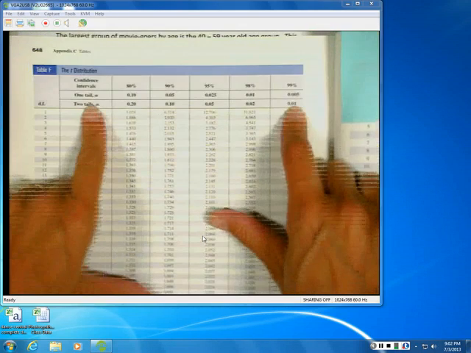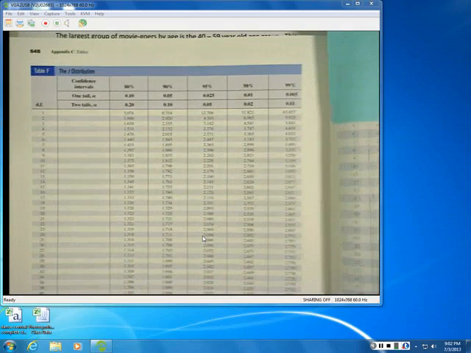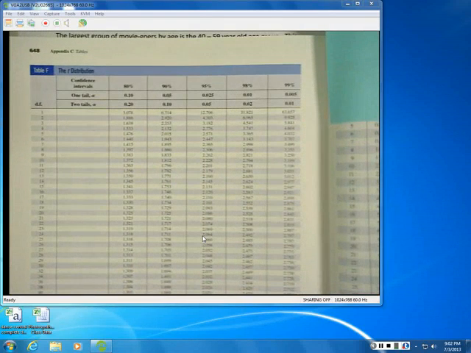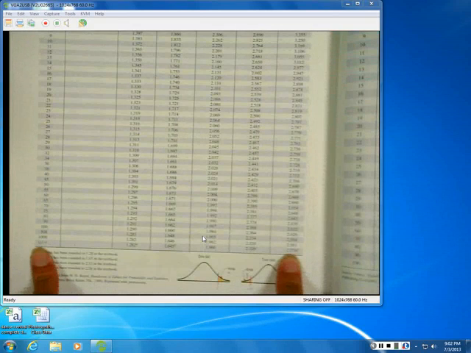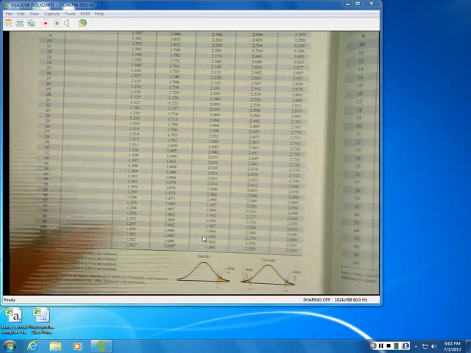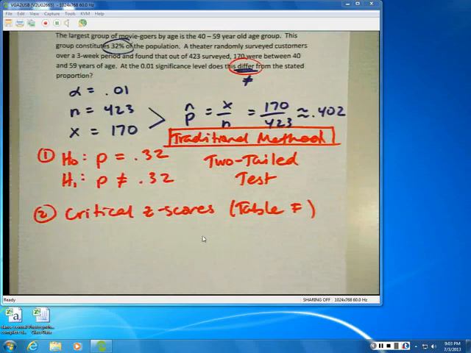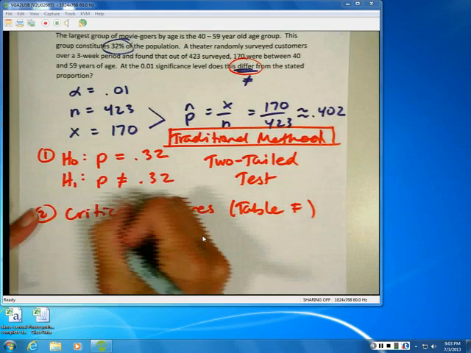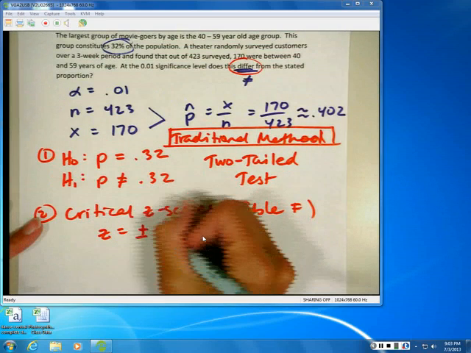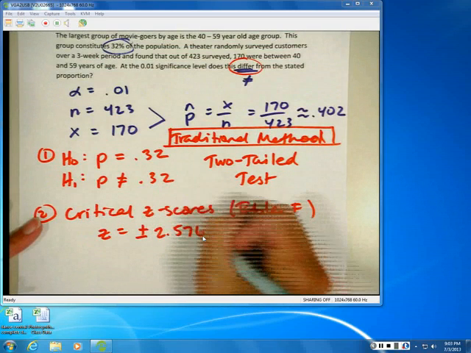I go all the way to the bottom, and I find that I've got a z-score of 2.576. So 2.576 is what I'm looking for. So my critical z-scores, z is plus and minus 2.576.